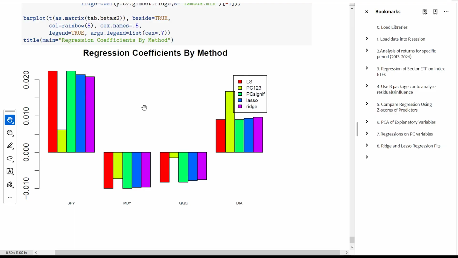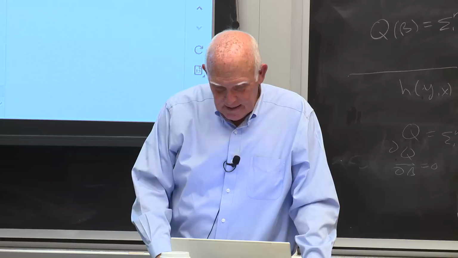But if we chose which principal component variables to include based on their statistical significance, then the more significant principal component variables led to these green values, which are comparable to the others. Actually, in this case, the green values are equal to least squares, just because all of the principal component variables were statistically significant. All right.